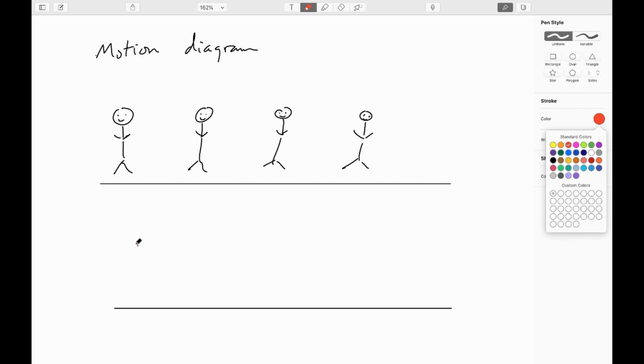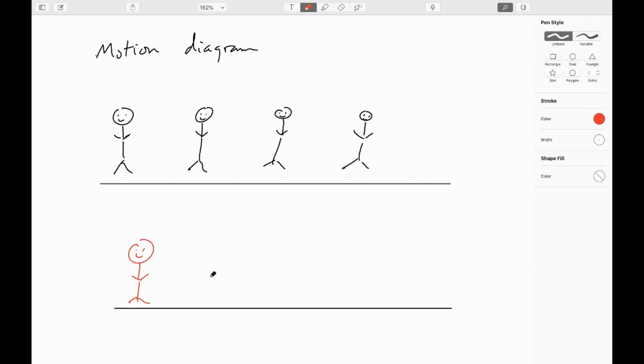And so this somebody else, as we capture pictures of them every second, the pictures of them are looking something like this. So let me ask you, do you think the red person is going faster or slower than you? Pause the video for a second, we'll get back together on that.